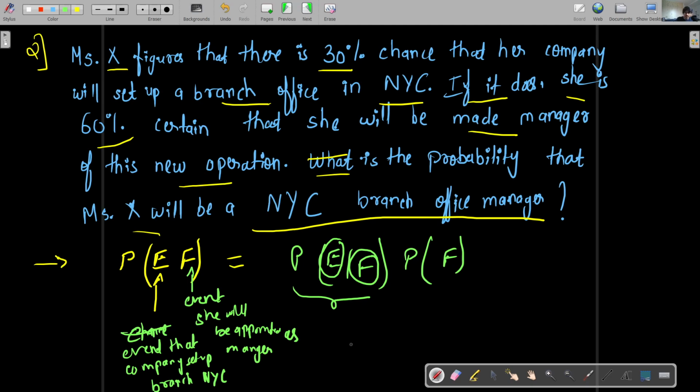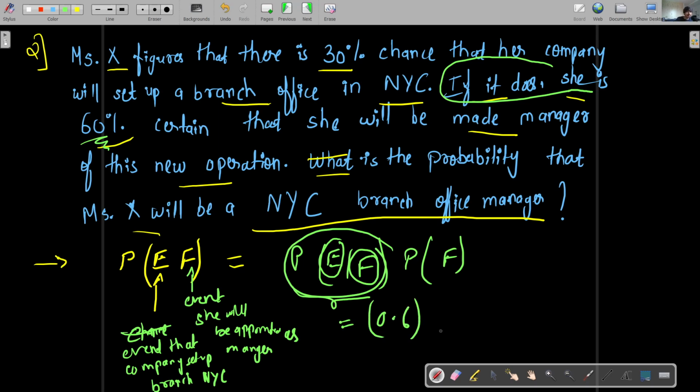Because it's already given that if the company opens the branch in New York, then there is a 60% chance. So this conditional probability is given to us as 0.6. 60% means 0.6 in terms of probability. And what is P of F? P of F will be that she will be appointed as a manager, right?